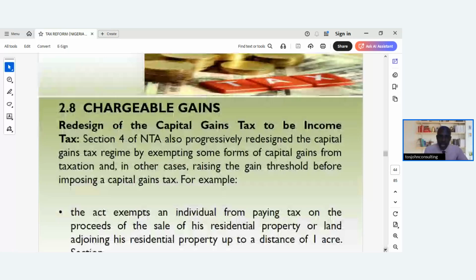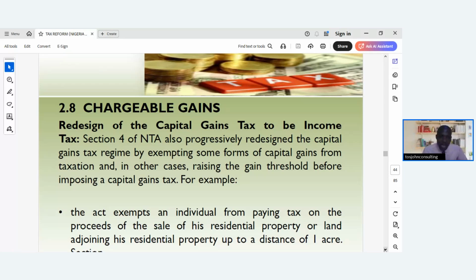So chargeable gains. With design of the capital gains tax to be income tax. Section 4 of NTA also progressively redesigned the capital gains tax regime by exempting some forms of capital gains from taxation, and in other cases, raising the gains threshold before imposing a capital gains tax.